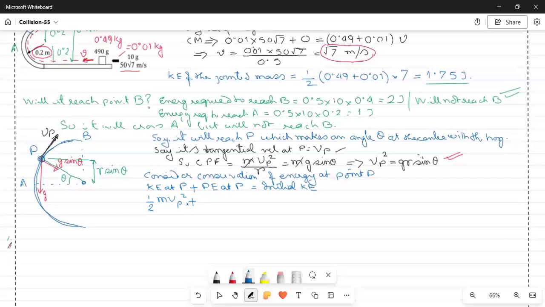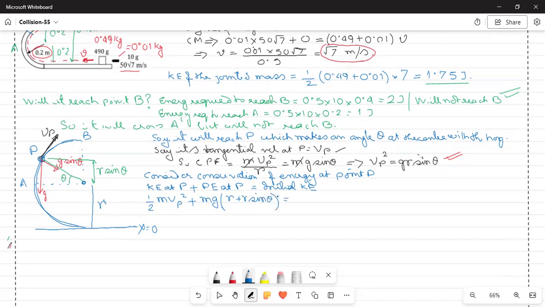What is the potential energy at P? Let us consider this is the ground level, x equal to 0 level. Potential energy at P is mg into this height, which is r from here, and this height is r sine theta. It is r plus r sine theta.